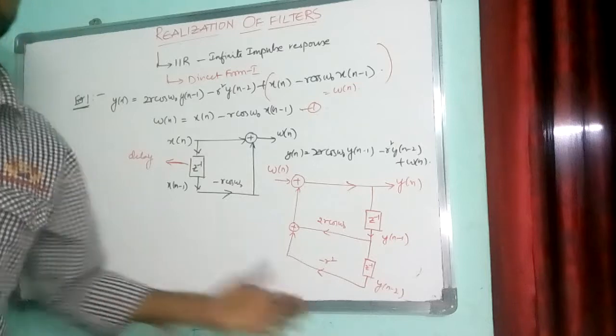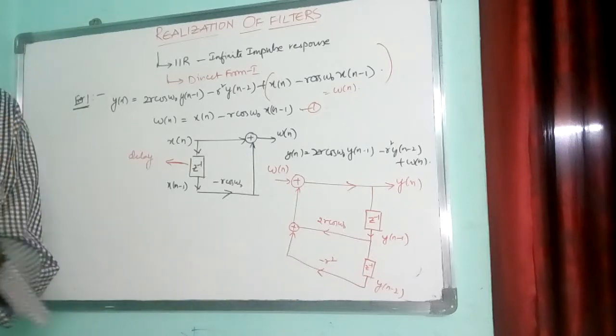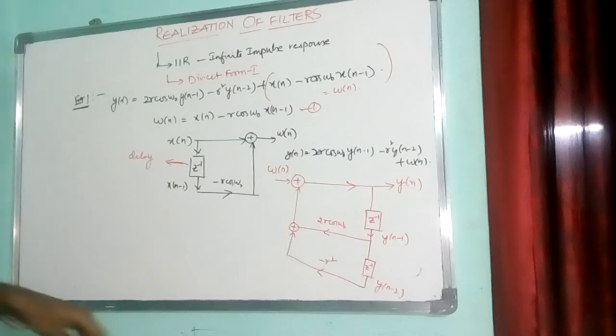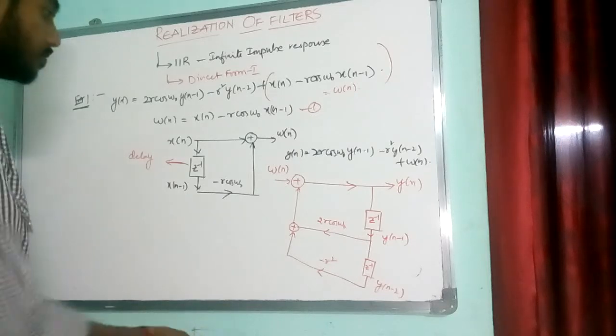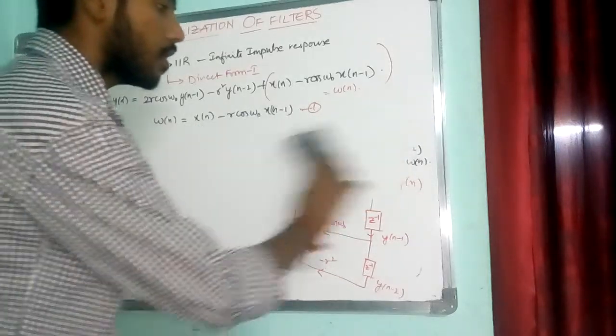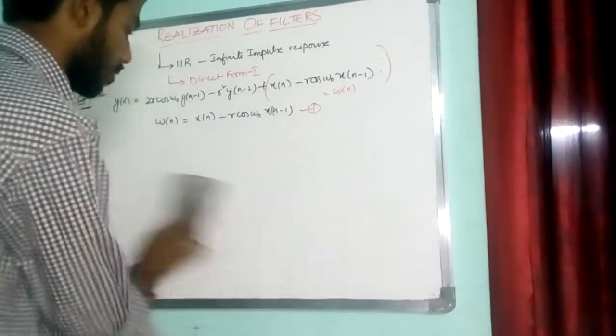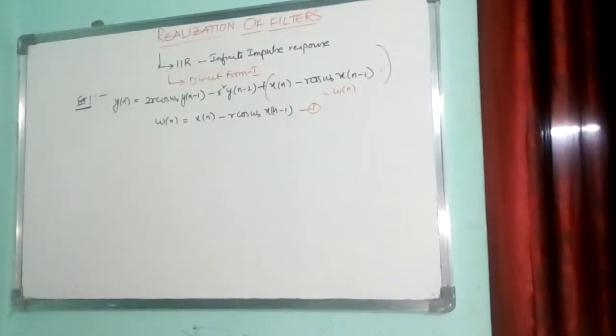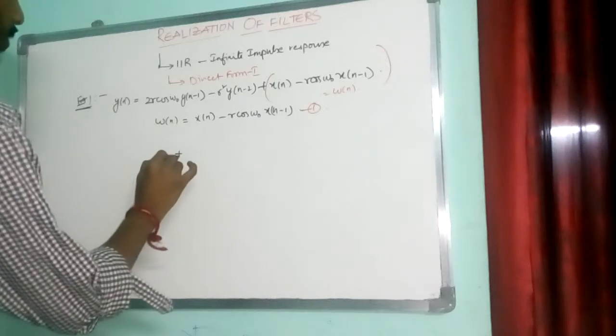Now after getting these two figures, we need to add both of them to get overall y of n. Okay, so just adding both the figures.